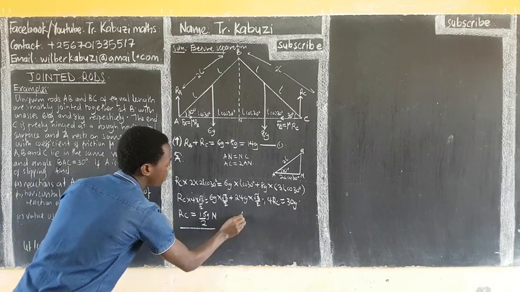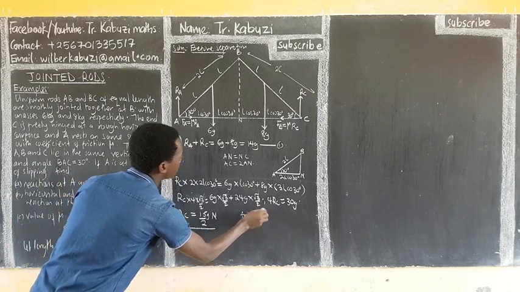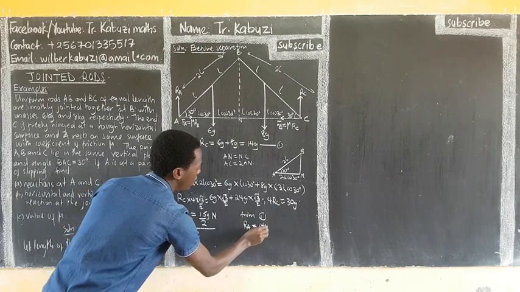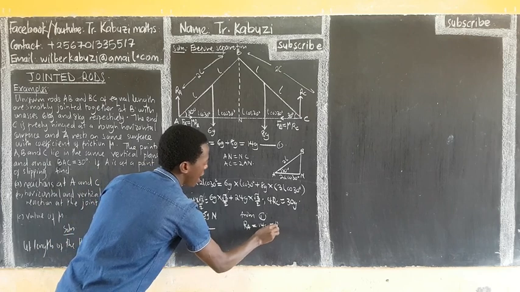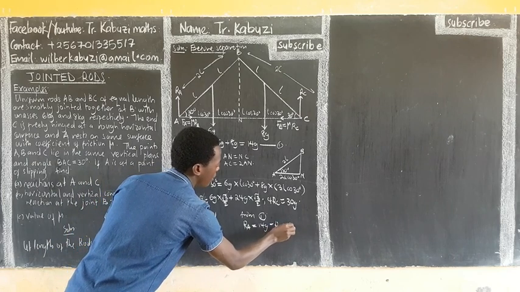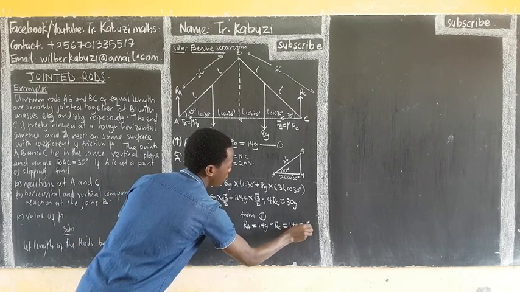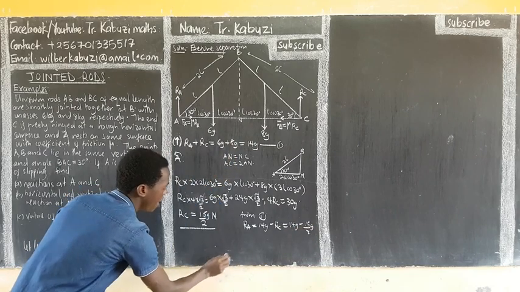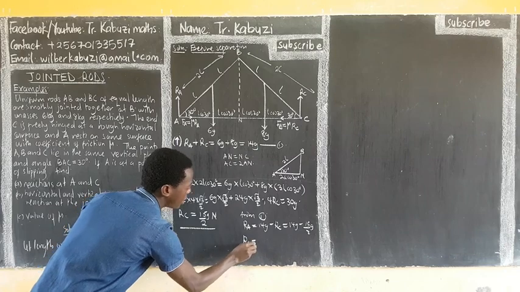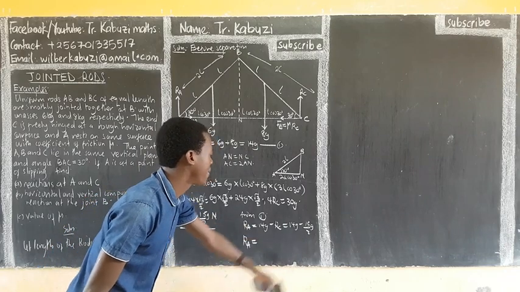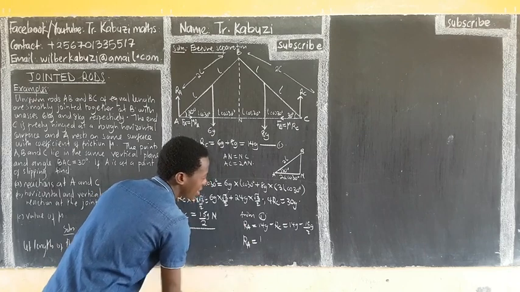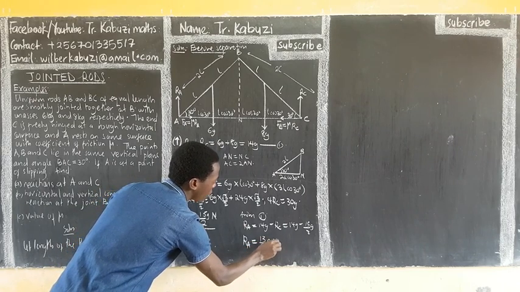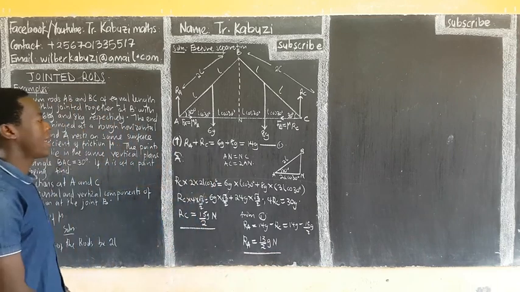From 1, our RA is going to be 14g minus RC, which is 14g minus 15 over 2 g. Our RA is going to be, this is 28 minus 15, that's going to give us 13 over 2 g newtons. So that's the reaction at A and C.